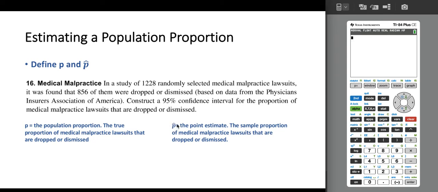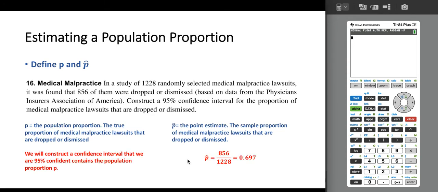So P hat represents the point estimate. P hat, the best way to explain that, is our best guess at what P actually is. P hat is the point estimate, the best guess. Let's look at what that would be for this problem.